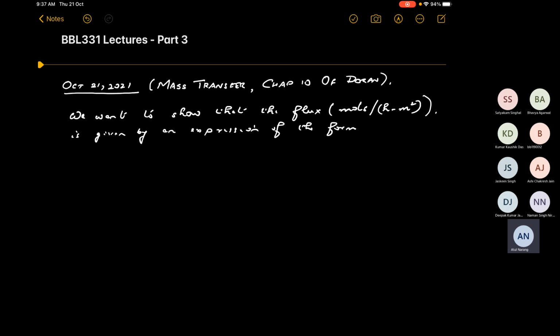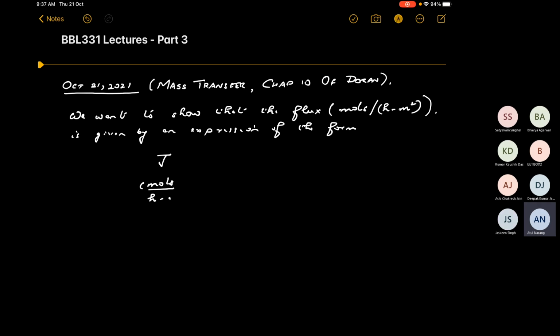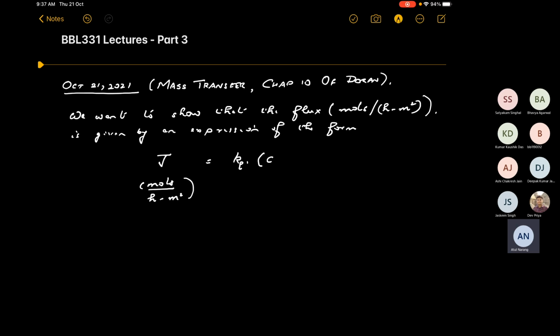this is given by an expression. So if I denote the flux by J, this is in moles per hour per centimeter square or per meter square. This is equal to the final expression that we will derive will be KL multiplied by C_A, in the particular, we will allow A to be any component, any gas.